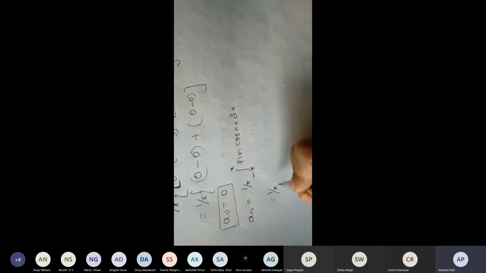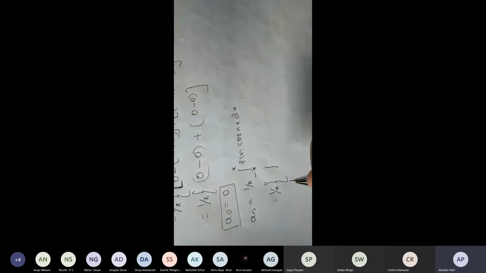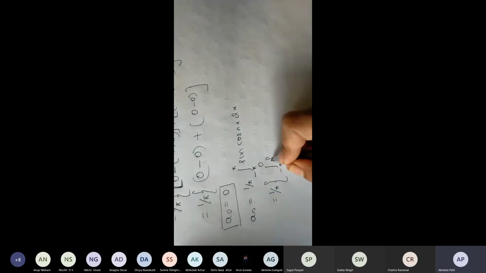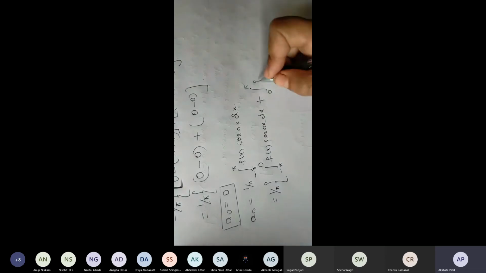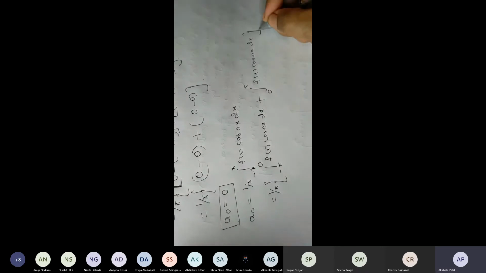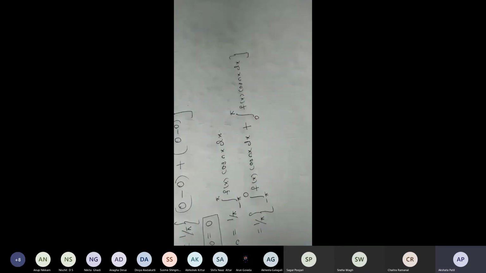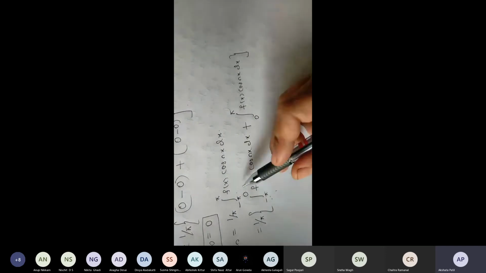So we can write 1 by pi outside, and split the integral into minus pi to 0 f of x cos nx dx plus the second integral, 0 to pi f of x cos nx dx, close the flower bracket. Because they have given the function from minus pi to pi, we split it into minus pi to 0 and 0 to pi.